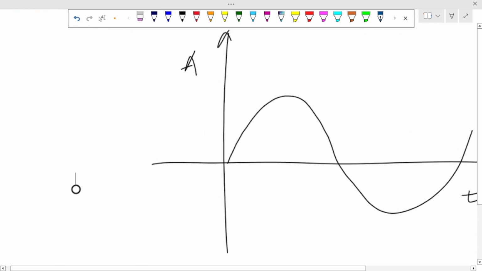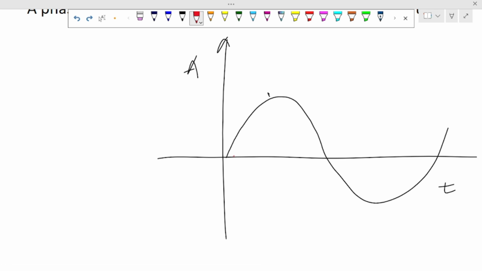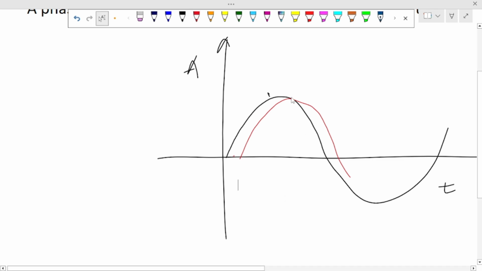So the thing is this: let's say this black line is for voltage, and let's say this red line is for current, and we have the current like this. This is not that perfect, but manageable.